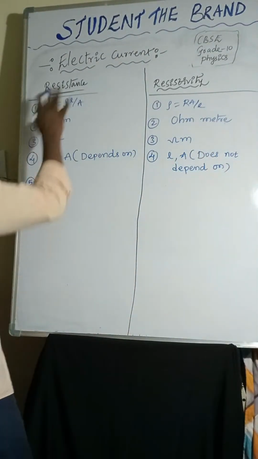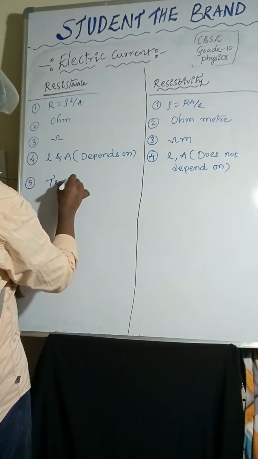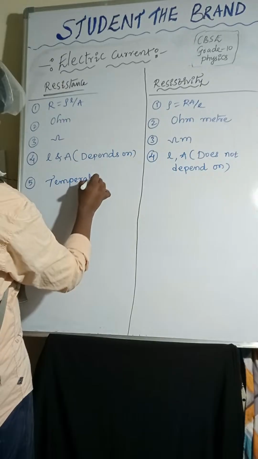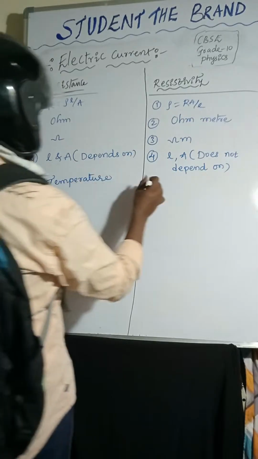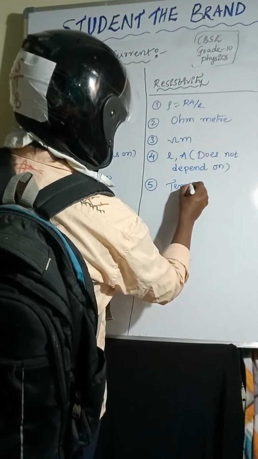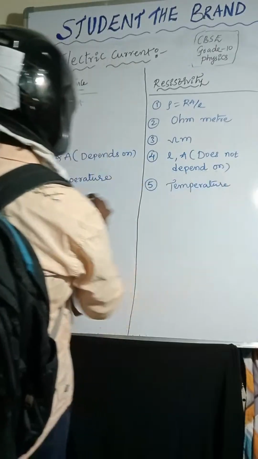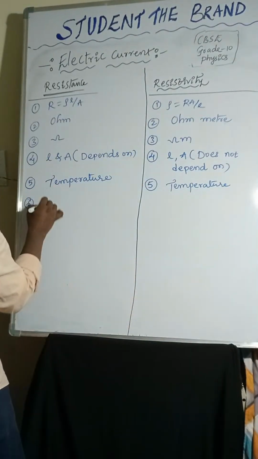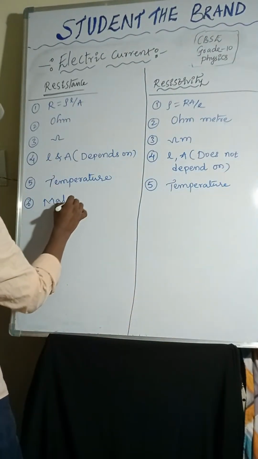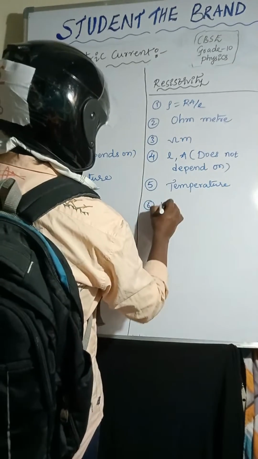Fifth one, resistance depends on temperature, and resistivity also depends on temperature. Coming to the sixth one, material: resistivity also depends on the material of the conductor.